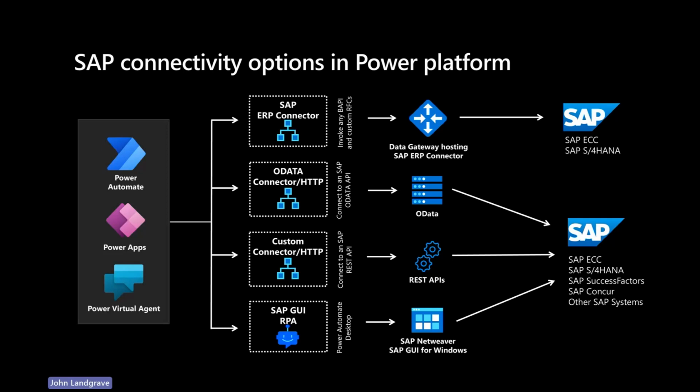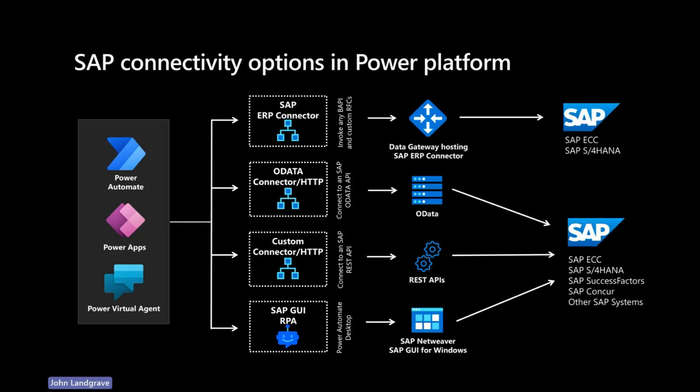Those OData endpoints have to be configured on the back end before they are accessible. They're also permissioned at the back end. So there's a lot of configuration that the SAP engineering team has to do to make that work. Whereas with the ECC and HANA calls, as long as the authentication token will pass, there's no additional configuration that has to be done because it's all done with a known ID with a known API interface.